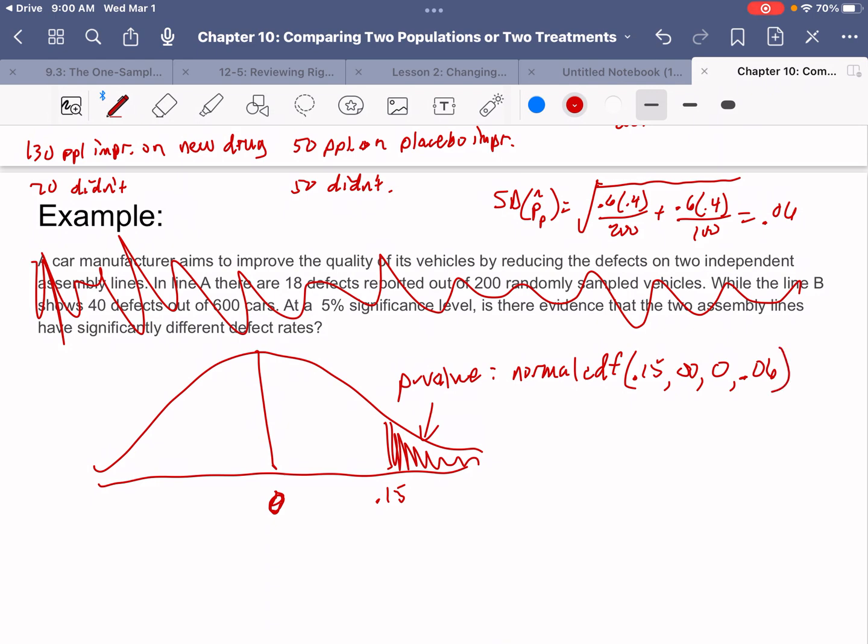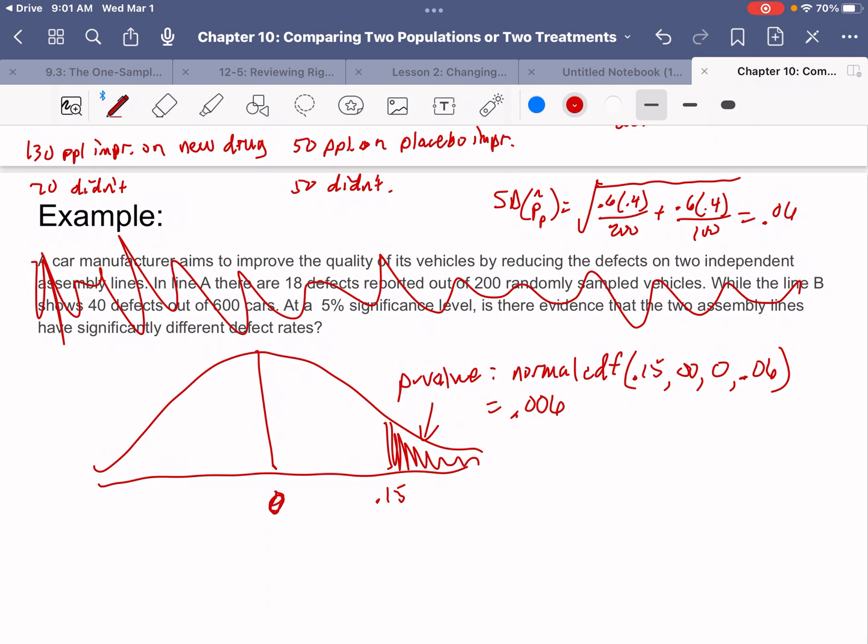So let's go silent again and pull up the normal CDF on the calculator, and let's type in what we have. Okay, normal CDF just came up with 0.006. Well, I think we can all agree that that's a very small p-value.